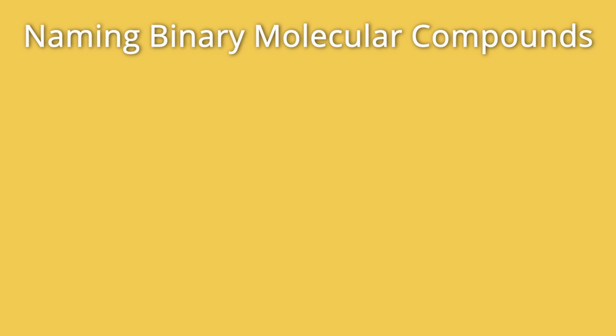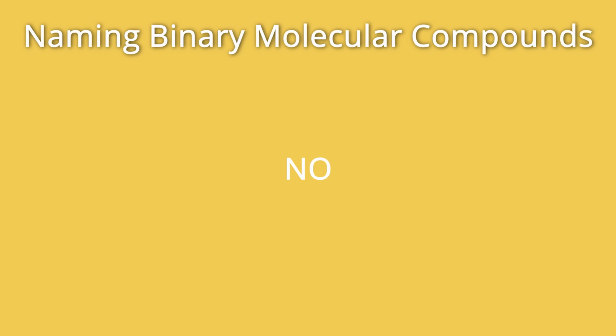Okay, so let's do a few examples of naming binary covalent compounds. We'll start with combining just one atom of nitrogen and one atom of oxygen. So we start with our first element.